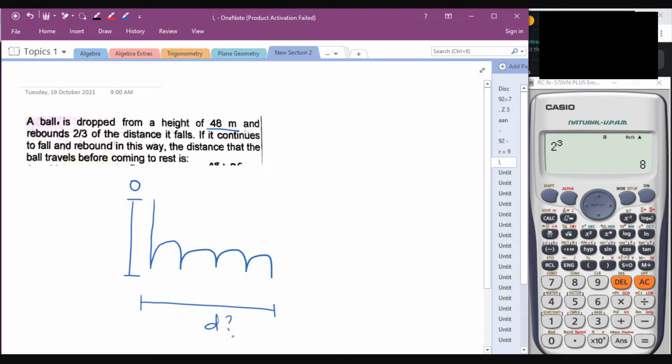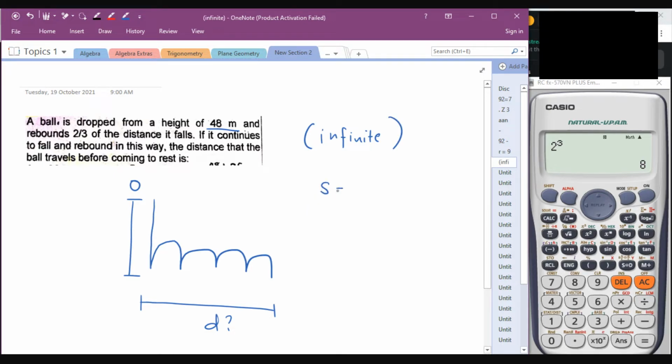Hindi mo alam. Okay? So, that is an infinite sequence. Hindi mo nga kasi alam kung hanggang kailan siya hihinto. So, paano mo kunin yan?